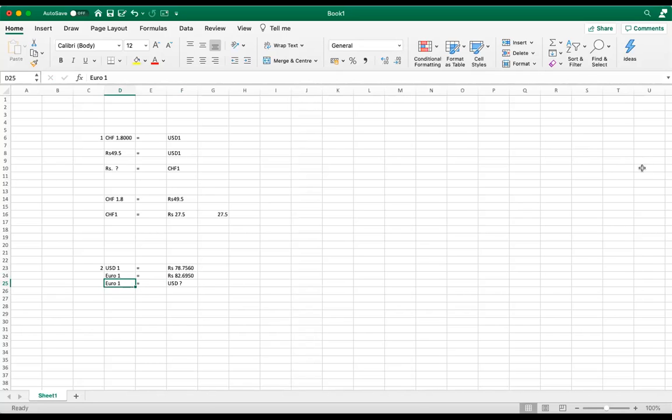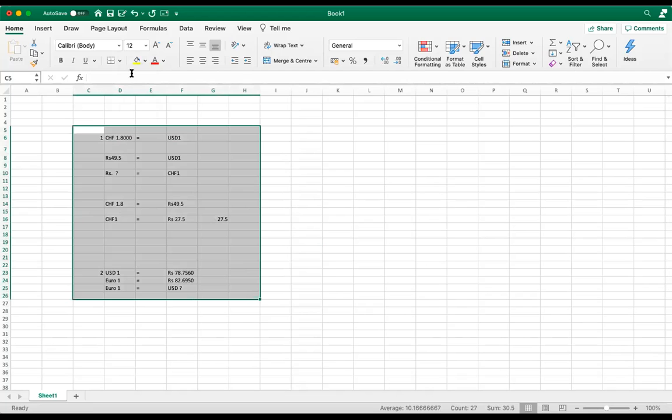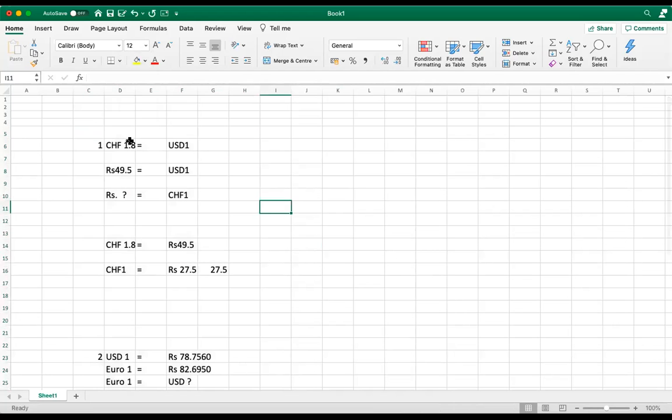Yes. So, before we proceed, there is one thing I want you to see in the previous problem. Please observe here. Do you want the font size to be bigger? I'll make it bigger here. See, now what we had done in the previous problem was CHF is on the LHS.